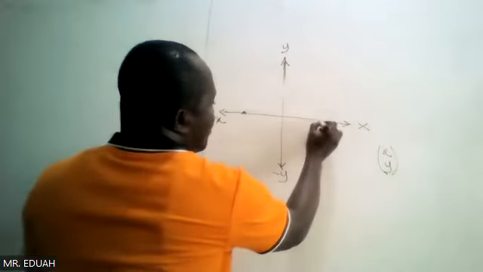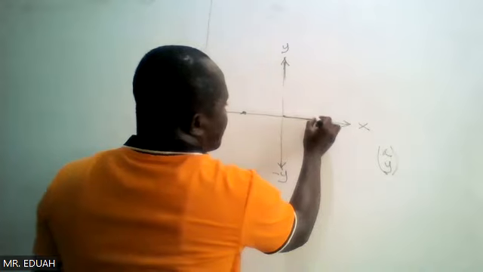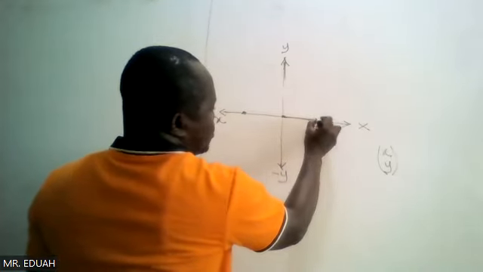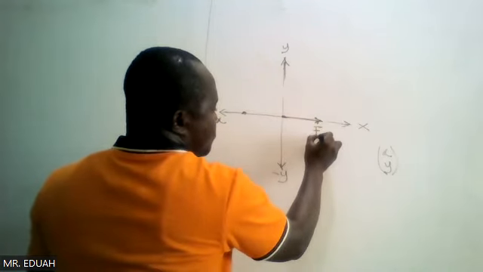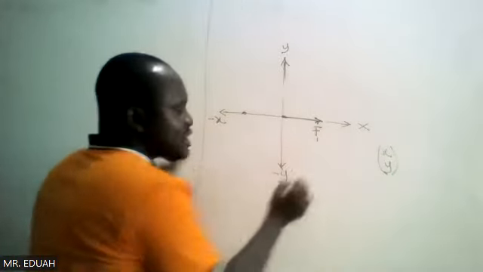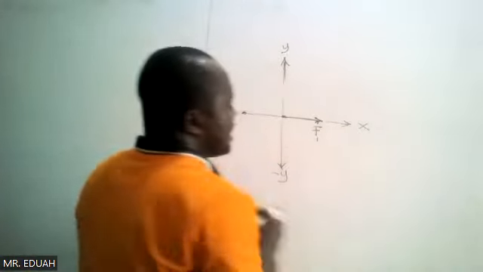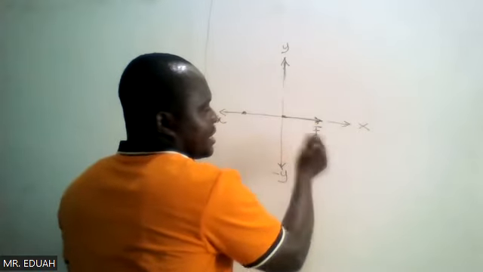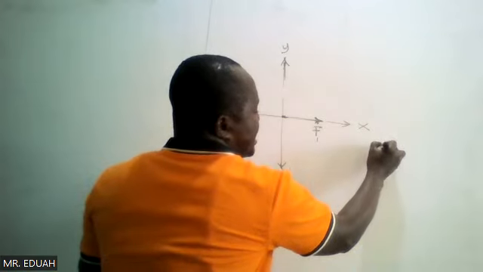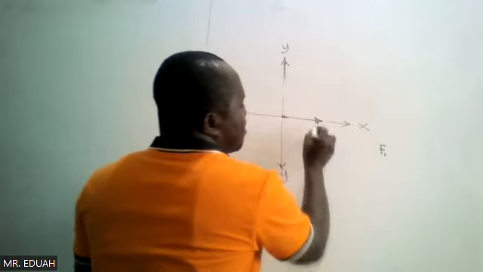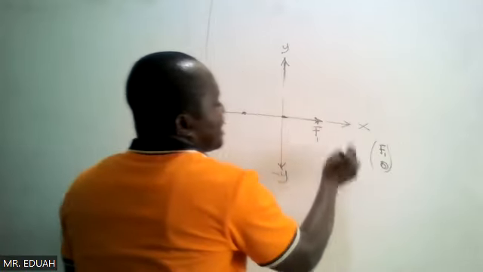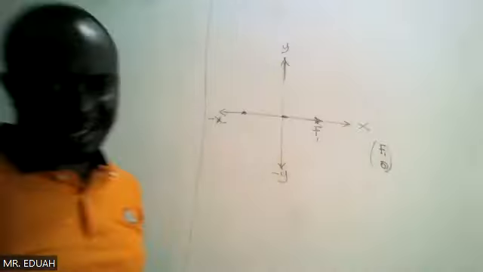So if I give you a force starting from here and ending here, and I'm to express this force into components, it would have a horizontal component, which is F1, but the vertical component will be 0, because the force is along the x-axis.